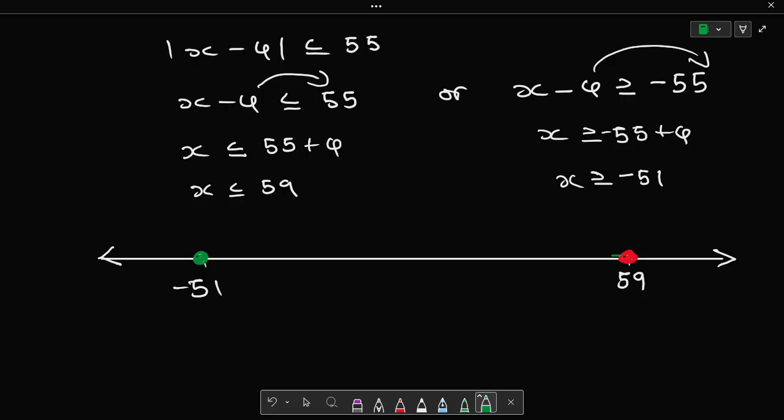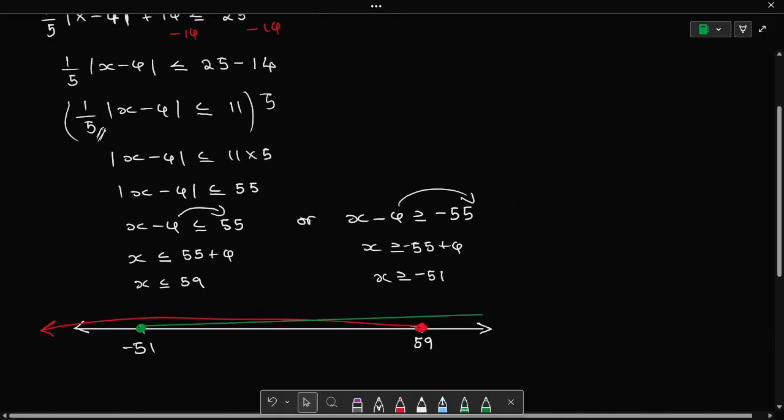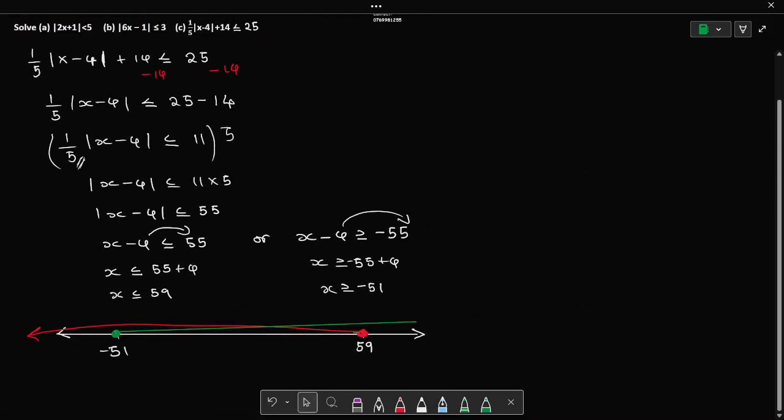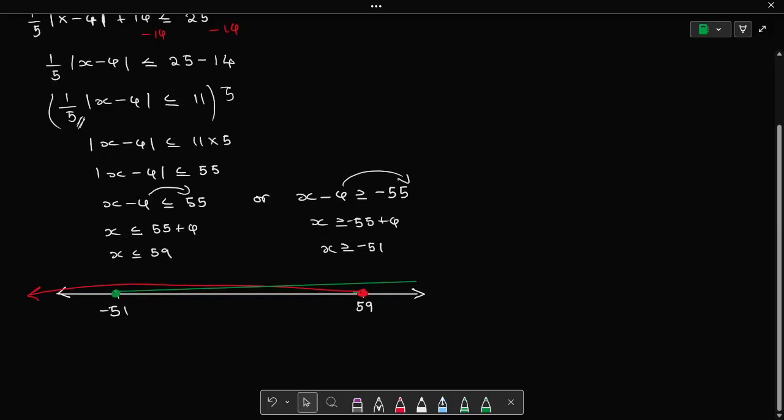This one is headed towards this direction, and the other one is headed towards this direction. So the solution set is going to be here.